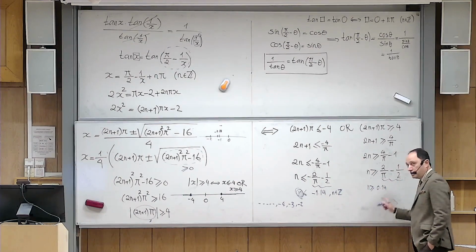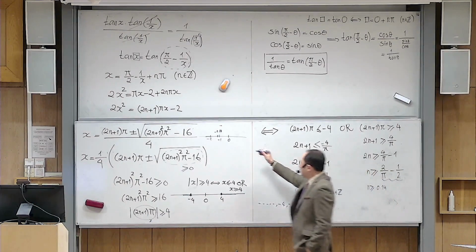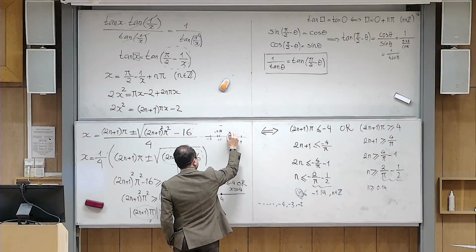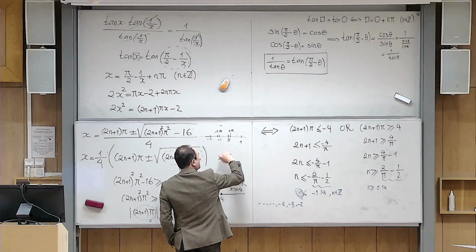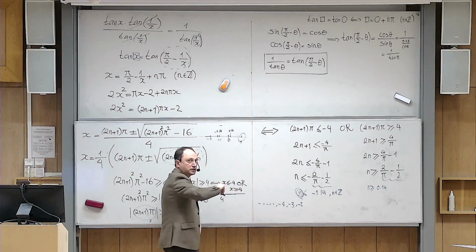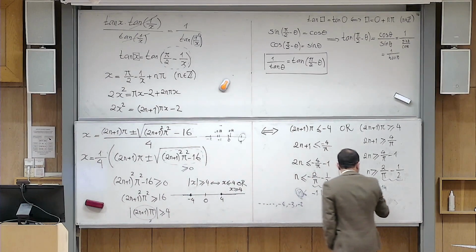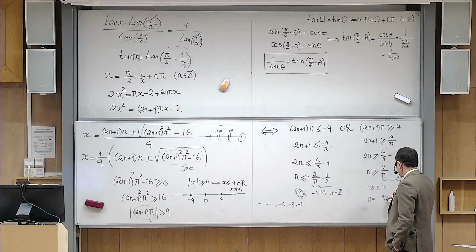On the other hand, again, I want an integer. So here is 0, here is 1, and very close to 0 is 0.14. I want to be on the right-hand side of 0.14 and be an integer. So this is the first number that I hit, and the next ones are 2, 3, etc. So n should be either 1, 2, 3, 4, etc.